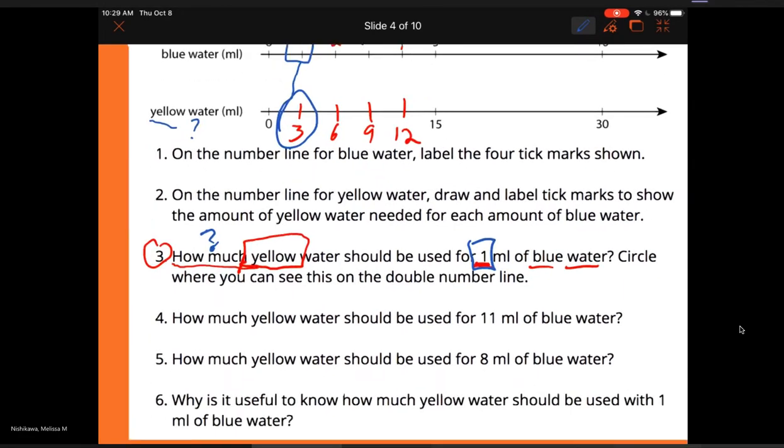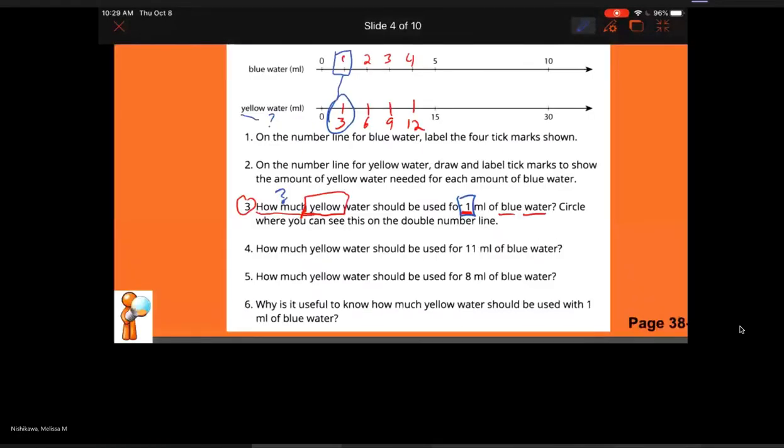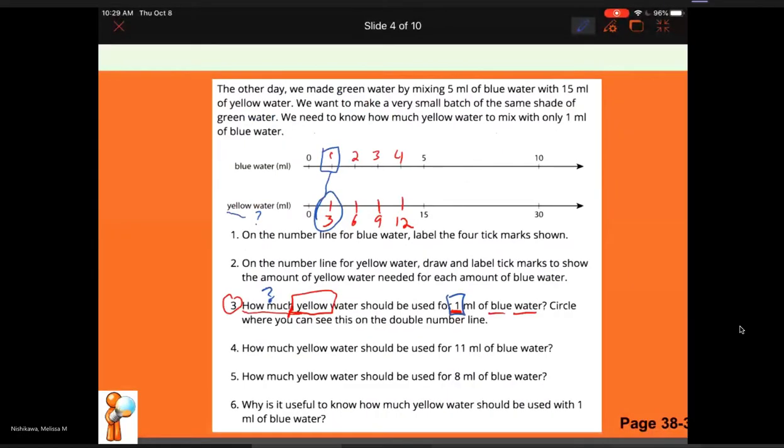We're going to do number 4 together. It's a little bit smaller. Can you see it? So number 4, I'm going to change my color so that I can try to keep everything separated. So number 4. How much yellow water should be used for 11 milliliters of blue water? So for our blue water, we need 11 milliliters.